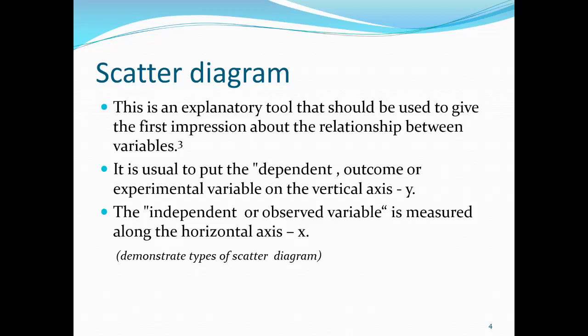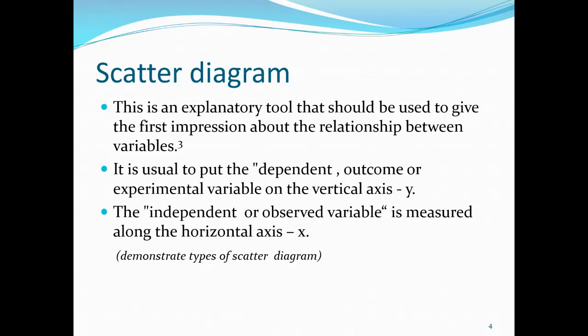A variable is any entity that can assume different quantum. It changes. It's not static for everybody. For example, weight. Human beings don't have the same weight. Height. We don't have the same height. So these are variables because their quantum, their magnitude changes. It's not static.